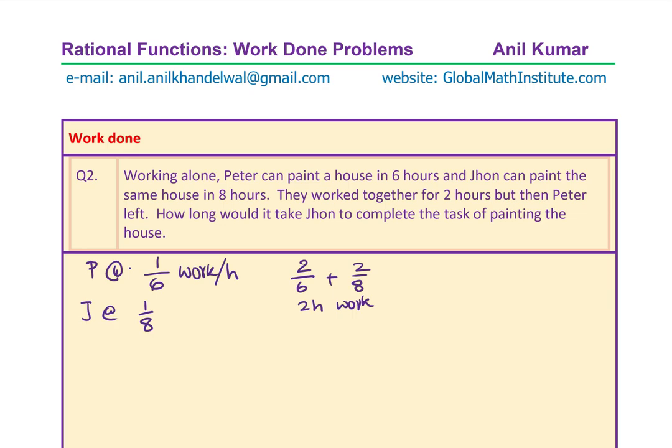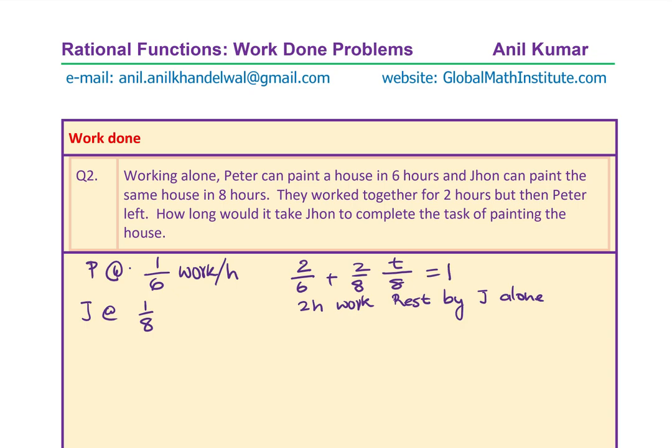Now, John's speed is this. Let us say T hours John takes to complete. So the rest is done by John alone. We don't know that, so let's say time T. And the speed with which John works is 1 over 8, and that should complete the job, meaning 1.